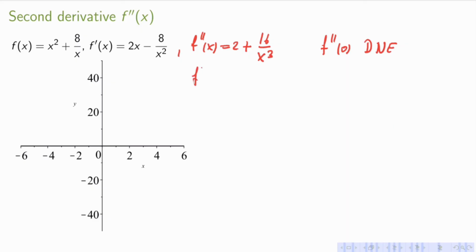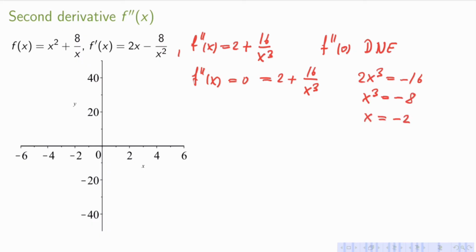And let's see where f double prime is equal to 0. 2 plus 16 divided by x cubed is 0. This means 2x cubed is minus 16. x cubed is minus 8. x is minus 2. Actually, that's the same point we had before. So right here.